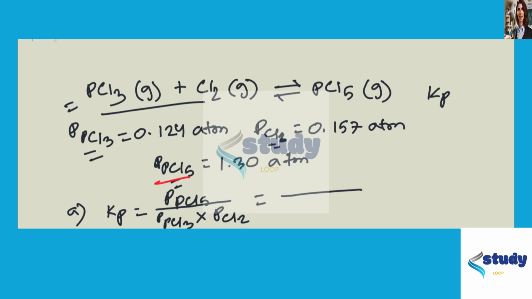So the partial pressure of PCl5 is 1.3, and then the partial pressure of PCl3 is 0.124, times the partial pressure of Cl2, which is 0.157.